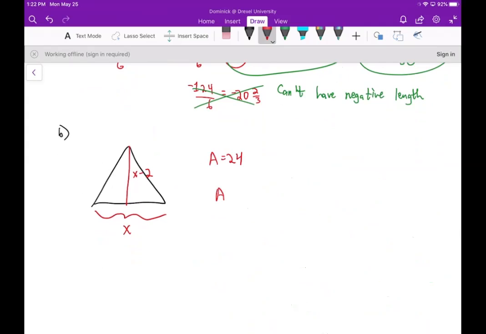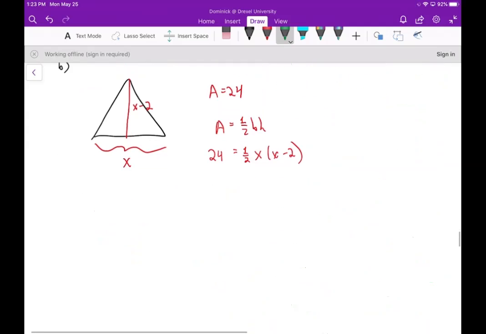Right? So we know that the area is 24. Well, the area of a triangle is 1/2 base times height. So we have 24 is equal to 1/2 x times x minus 2. Now, of course, let's get rid of the fraction and multiply both sides by 2. So we get 48 is equal to x squared minus 2x.